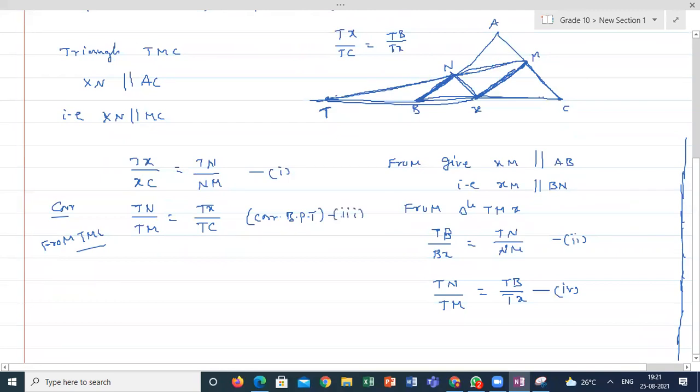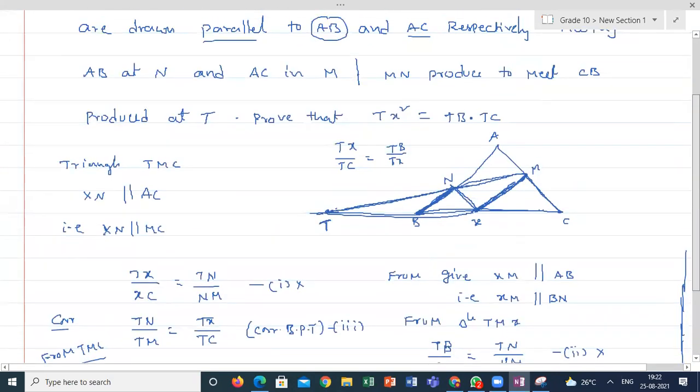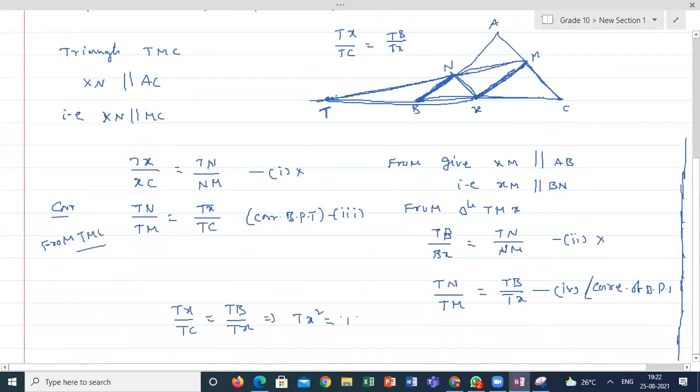So equations 3 and 4 represent the same Tn by Tm. So I can write Tx by Tc is equal to Tb by Tx. If I cross multiply, Tx square is equal to Tb into Tc, which is what you asked me to prove.